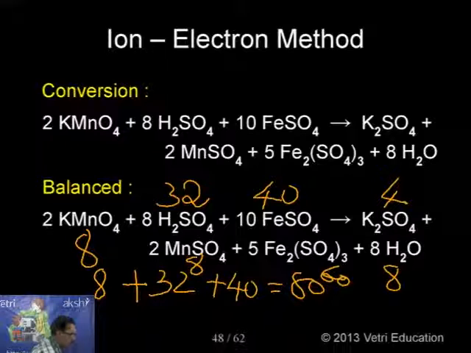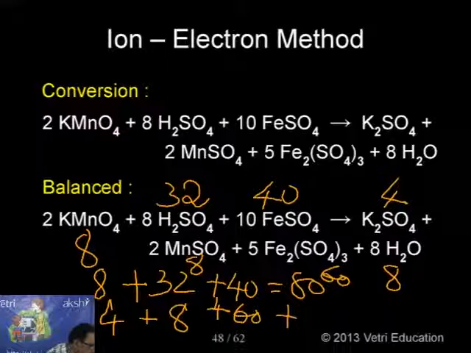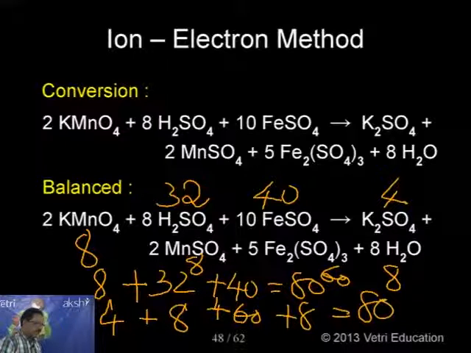So totally, let me write, on the right side, 4 plus 8 plus 60 plus 8. You count the total, 68, 76, 80. So on the left side as well as the right side, the total number of oxygen atoms is also 80. So all the atoms are well balanced.